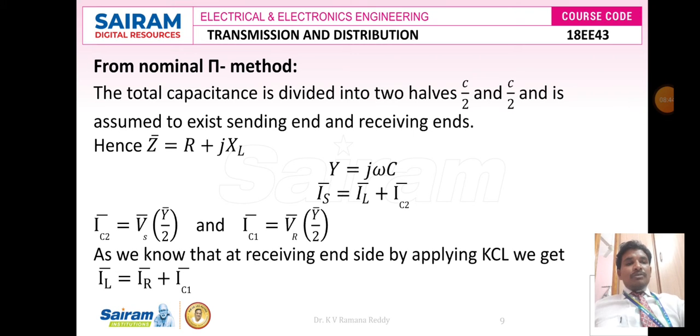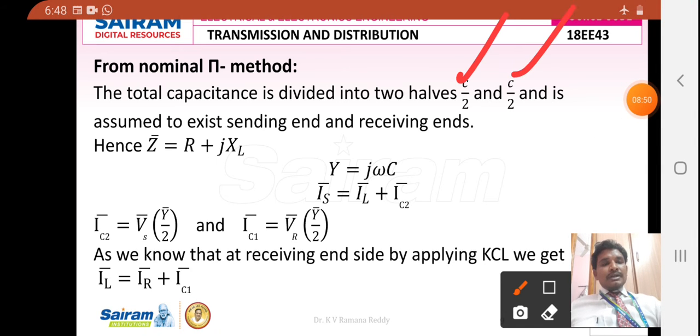Next, from the nominal pi method, the capacitance is divided into two halves, C by 2 at the sending end side and another C by 2 at the receiving end side. Now the overall impedance Z bar is equal to R plus jXL, and the admittance of the network Y is equal to j omega C, with the capacitance C becoming C by 2 for each half.